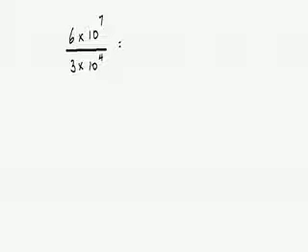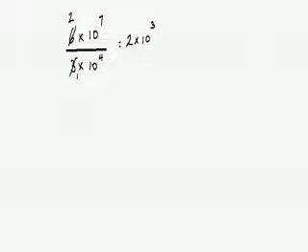So 6 divided by 3, this can cancel to give us 2. And it's standard form, so it's going to be times 10. So what we've got here is 10 to the power of 7 divided by 10 to the power of 4. So remember, if we're dividing, we subtract the powers. So 7 minus 4 gives us 3. Job done.